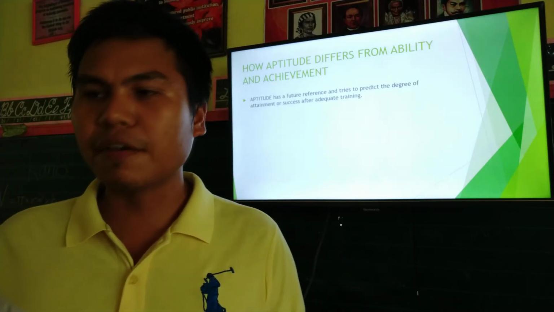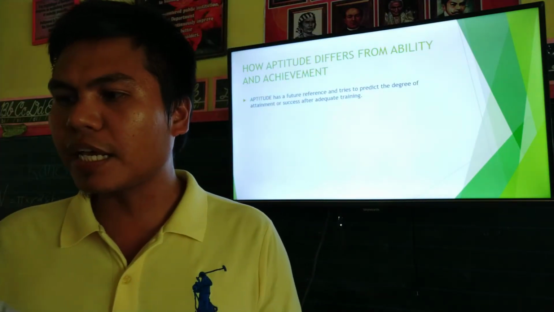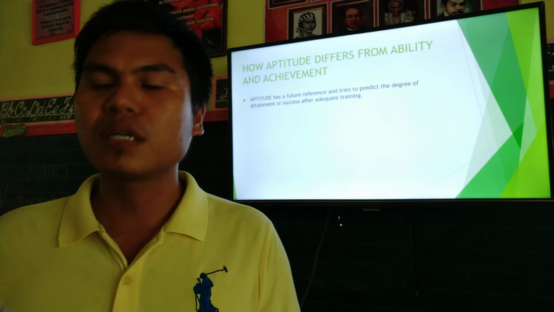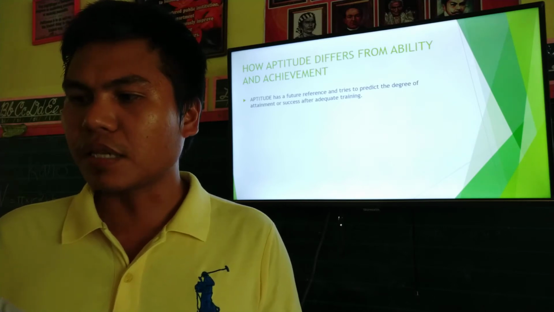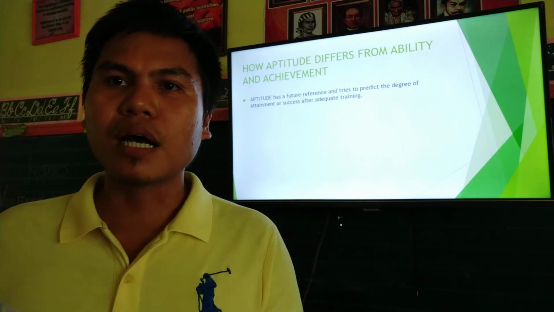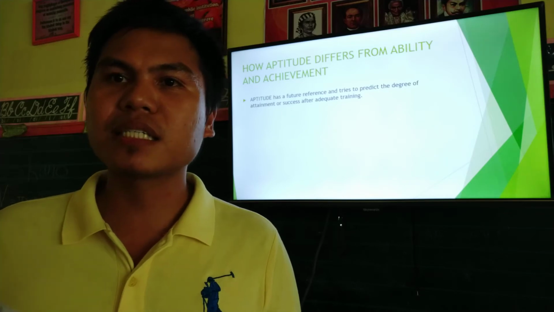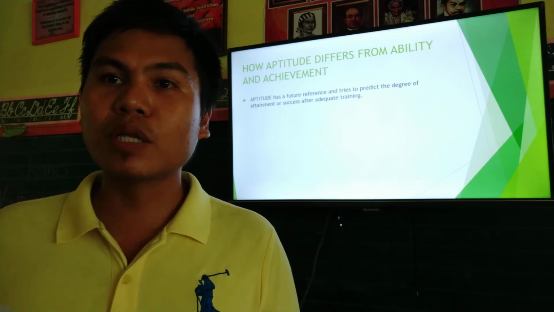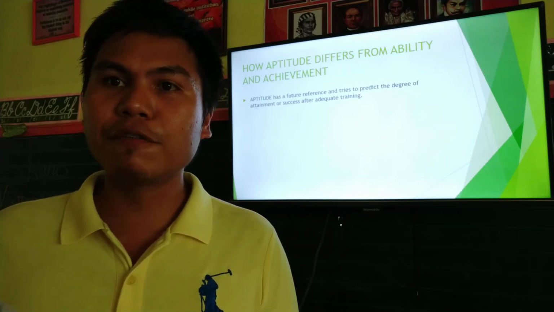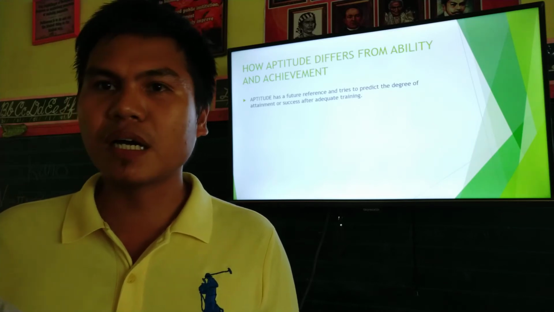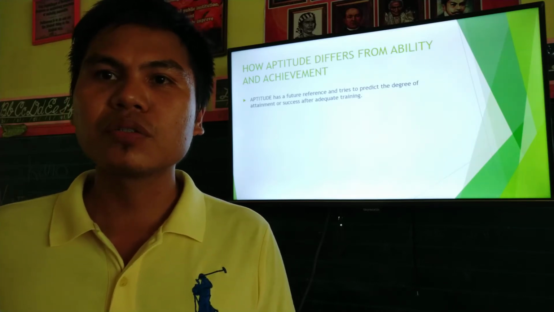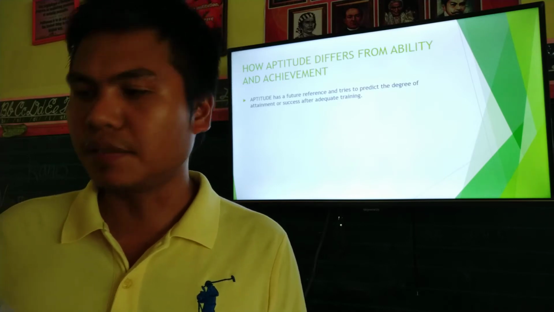Aptitude has a future reference and tries to predict the degree of attainment or success after adequate training. So aptitude is telling us what will be the future of a person in a certain field.